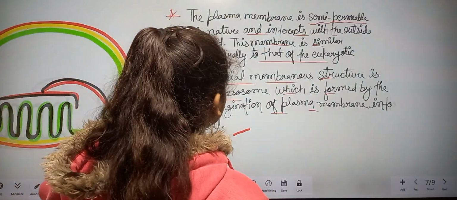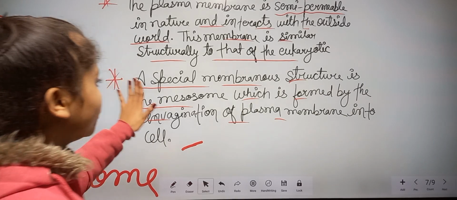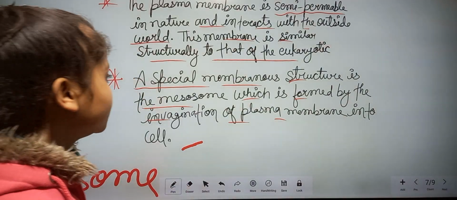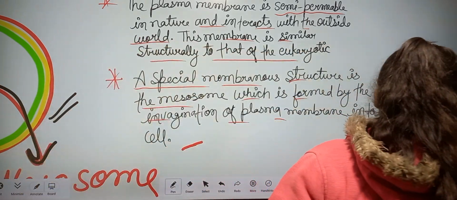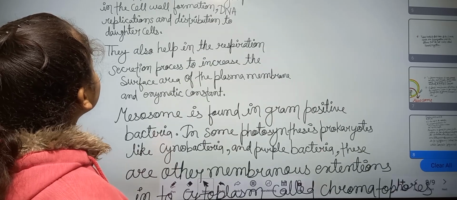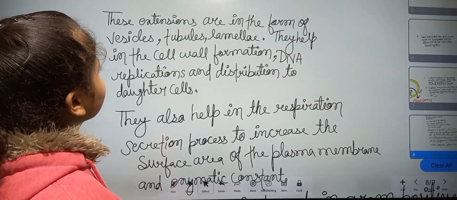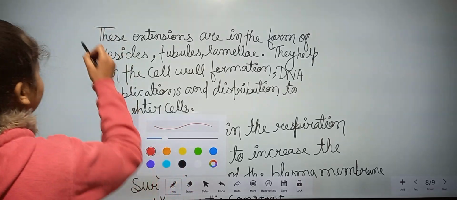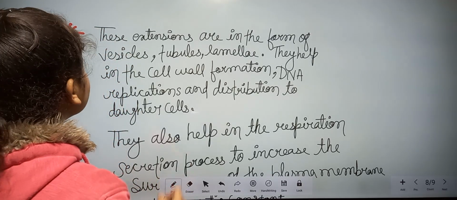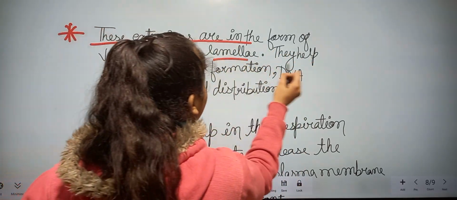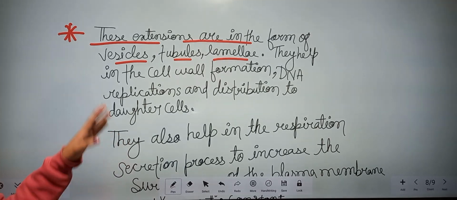I hope you can understand this point because I have explained it in a better way. So here is more about plasma membranes. These extensions are in the form of vesicles, tubules, and lamellae.